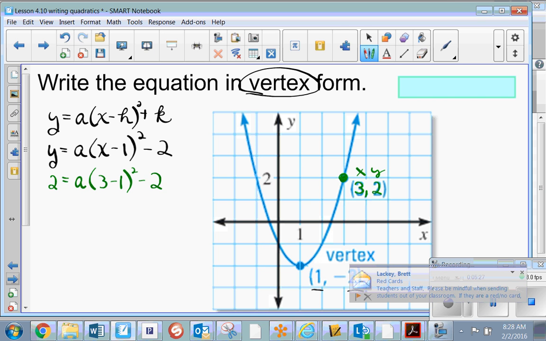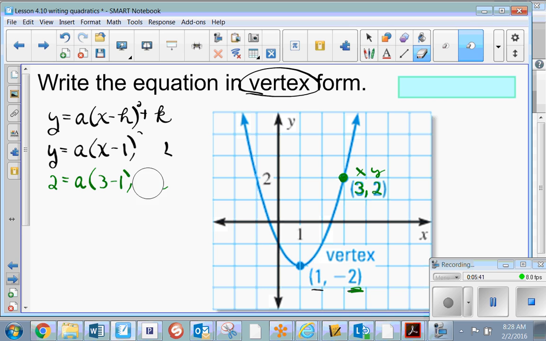Negative. No, positive 2. Oh, no. Down here, no, it's negative 2 because I'm using this for my vertex. This is as a help.